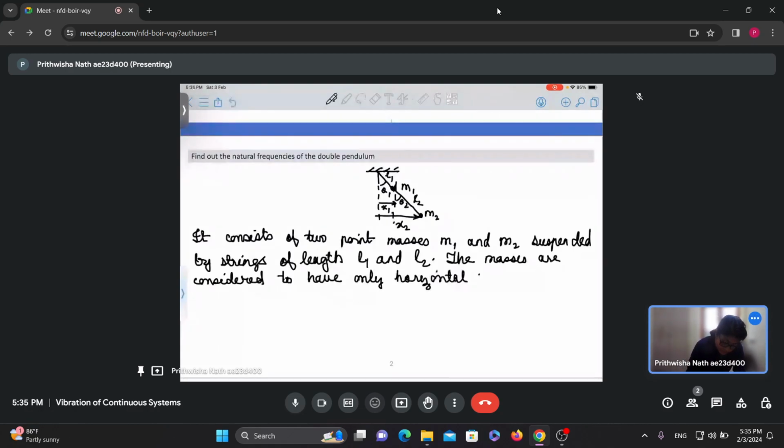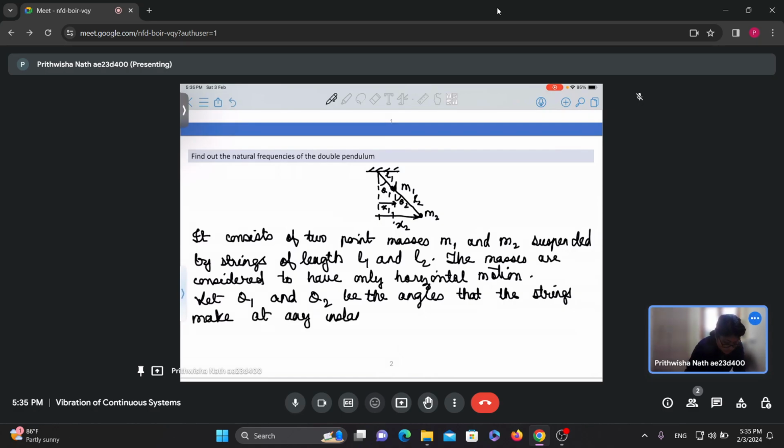Let θ1 and θ2 be the angles that the strings make at any instant of time with the vertical, and let x1 and x2 be the horizontal displacements of the masses.